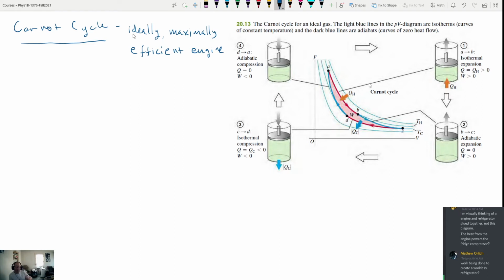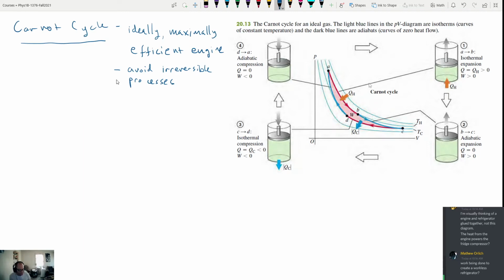And to do this, we have to try to avoid the irreversible processes, which is kind of hard to do. But we will do our best, and we'll see what type of processes you need to have in order to do that. Okay.